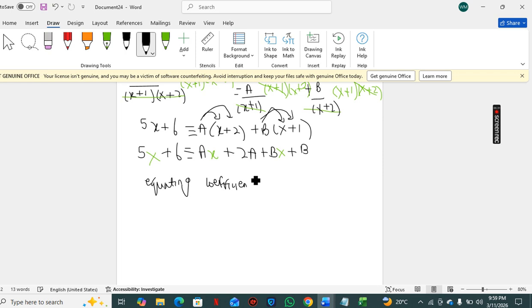So you're going to say, for the coefficients of x, if we equate the coefficients of x, we look on the left hand side, the coefficient of x here is 5. So you just write this 5 here.